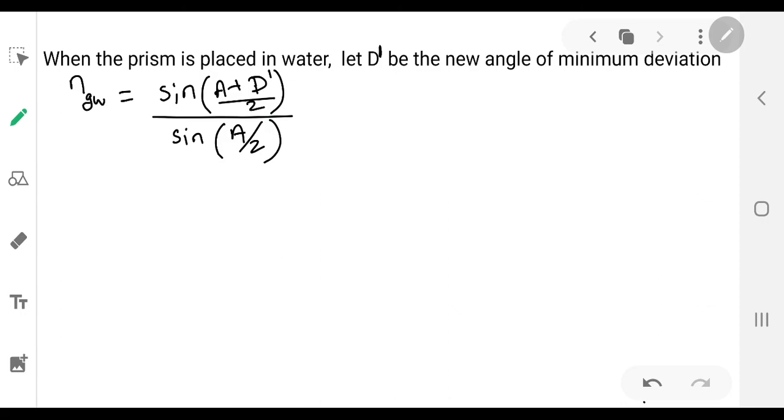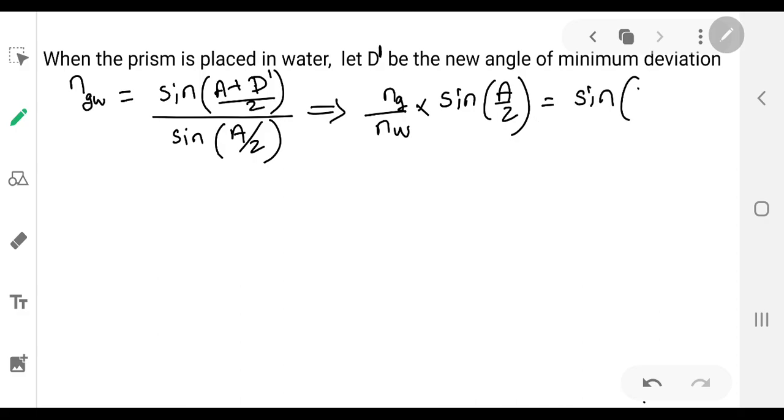So remaining all the things we take on one side except the D dash. So n_gw can be written as n_g by n_w, into sine of A by 2, is equal to sine of (A plus D dash) by 2.